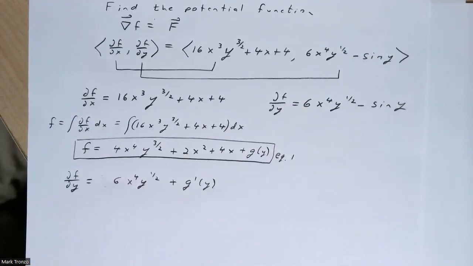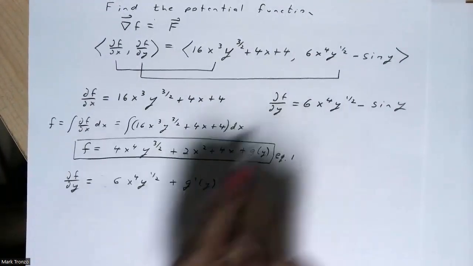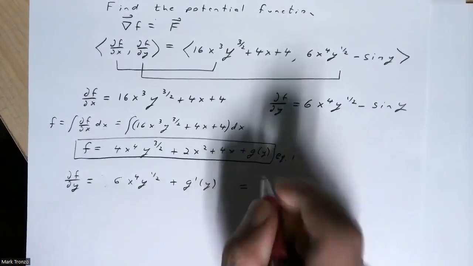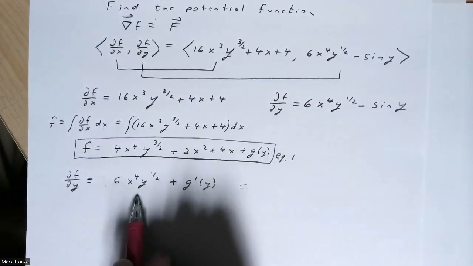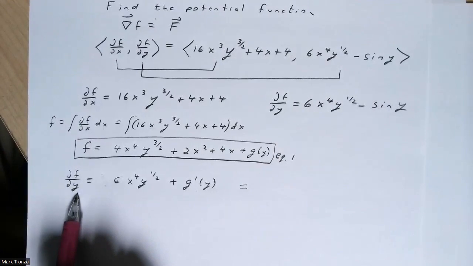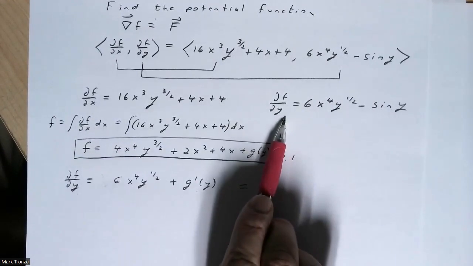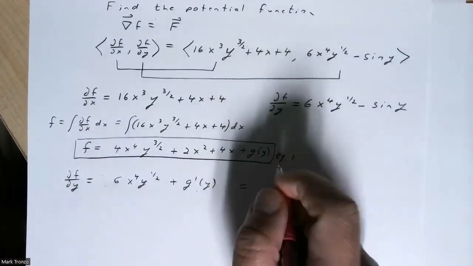Like that. And then we want to set these equal, because we're going to try to find this g of y. So let's set this equal. Again, we can do this because this is df dy. This is df dy. So we can set those equal.